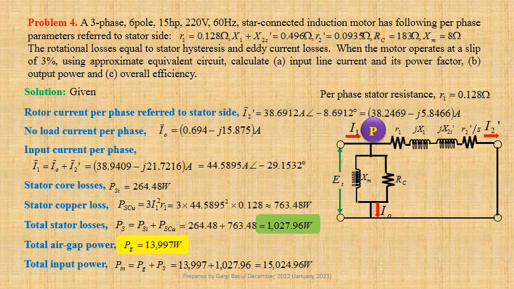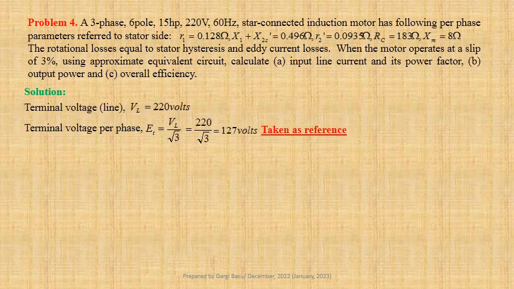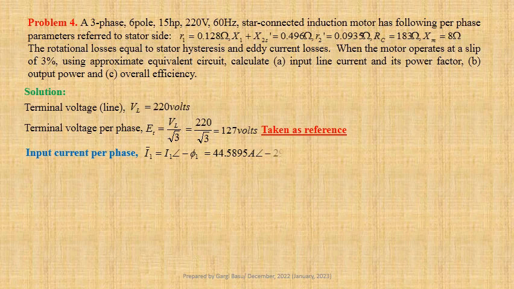That is equal to 15,024.96 watt. In polar form, we can write input current per phase I1 equals I1 at an angle minus phi 1 equals 44.5895 ampere at an angle minus 29.1532 degree.